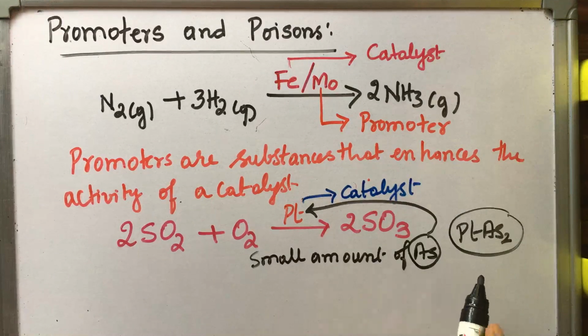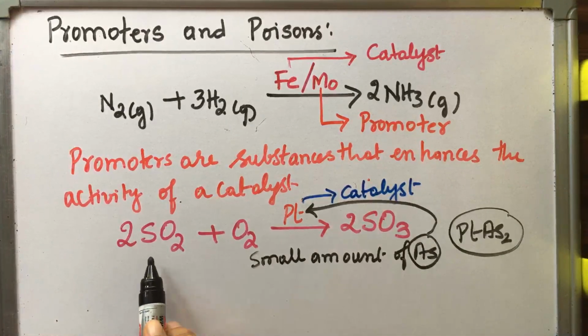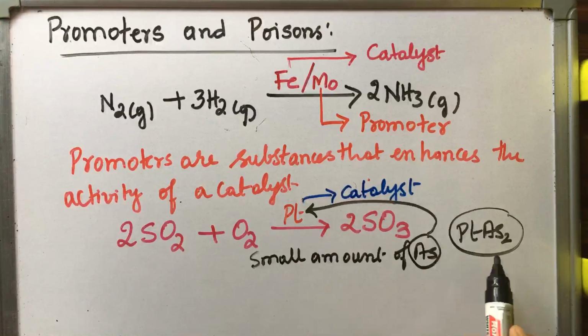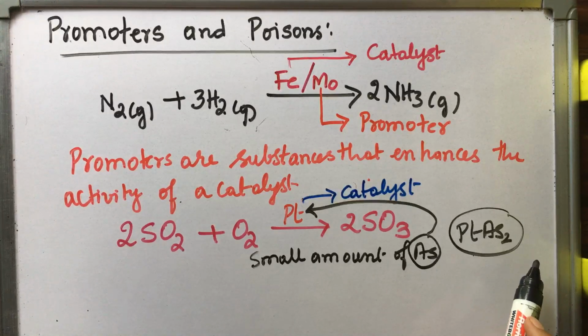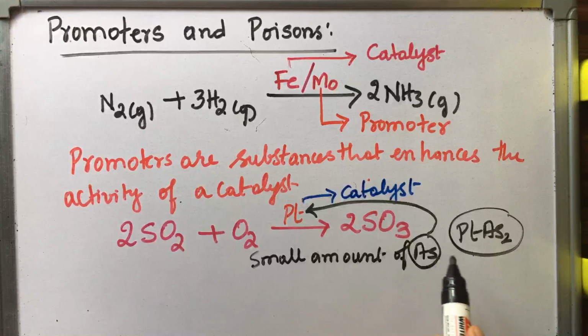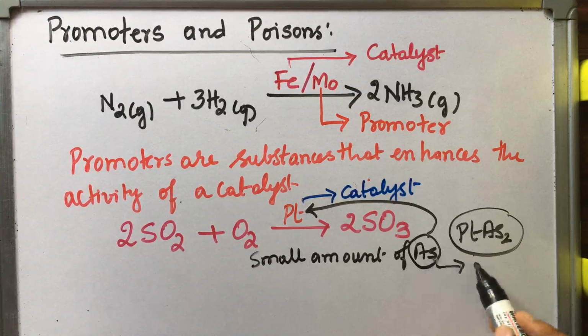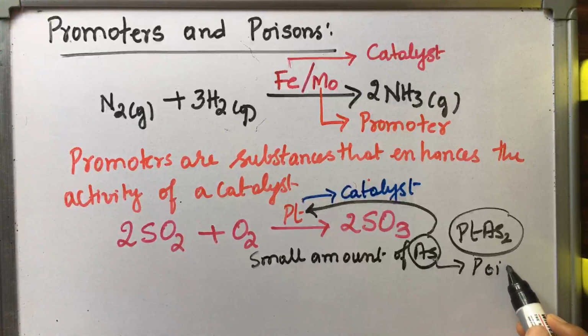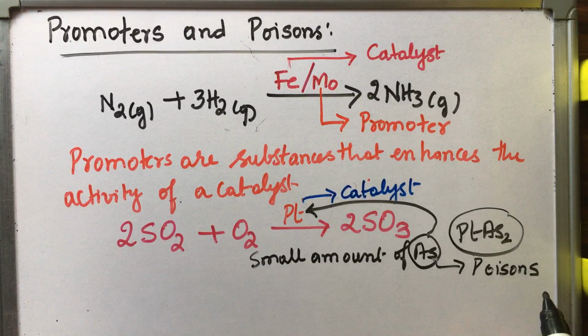Its surface area of free valencies to form bonds with sulfur dioxide and O2 is lost, and hence the activity of the catalyst is decreased. We call substances used to decrease the activity of a catalyst poisons.